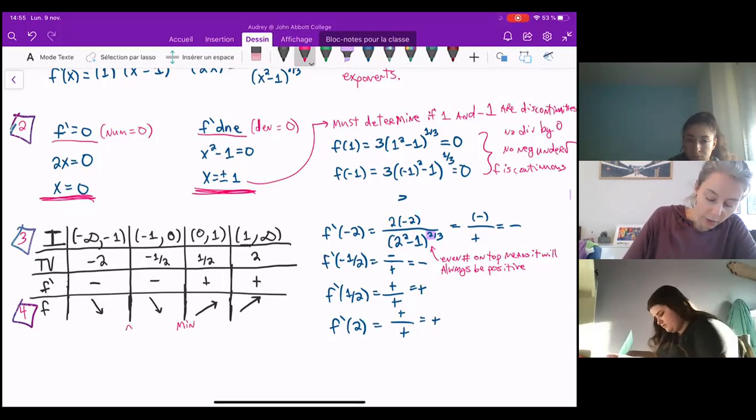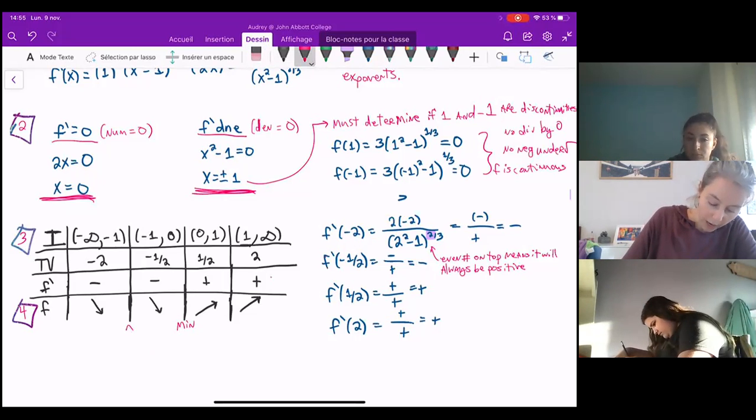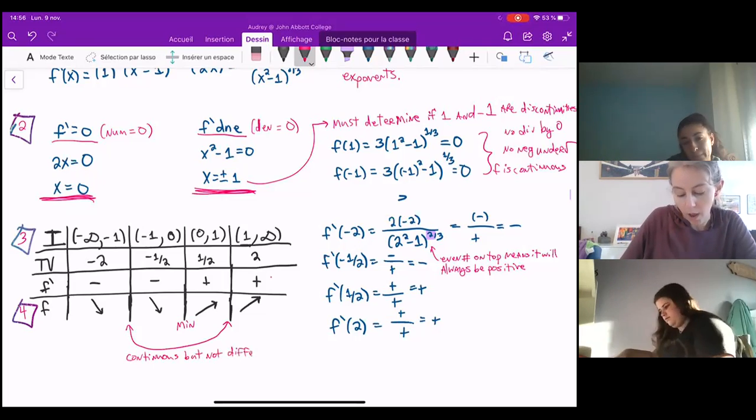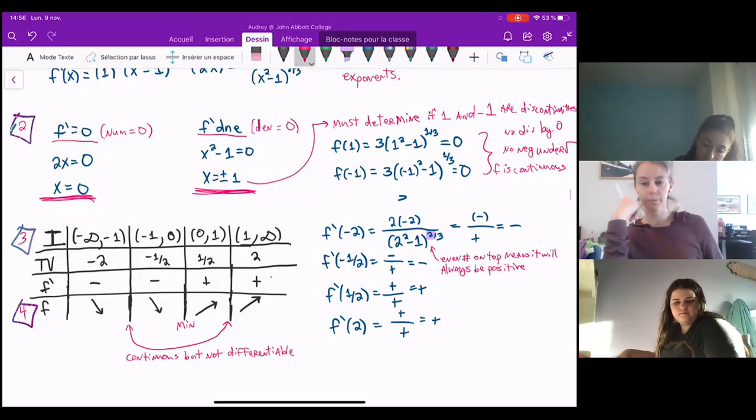And now these right here, that -1 and 1, these are values where it is continuous, but not differentiable. What are things that can occur when it is continuous but not differentiable?